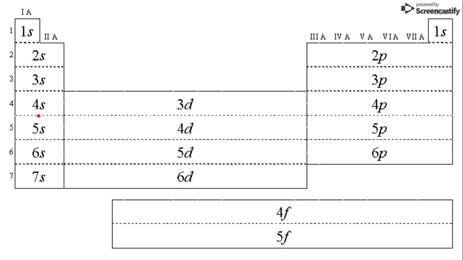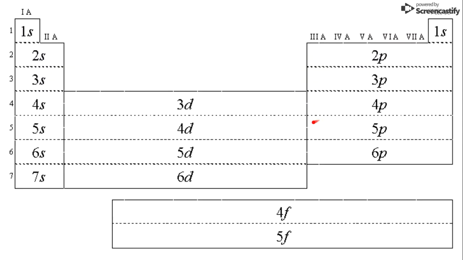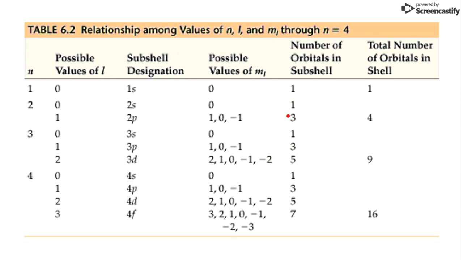In any s subshell, we can only have 1 orbital, therefore 2 electrons, and therefore 2 elements there. The p block, you can see 1, 2, 3, 4, 5, 6, 6 elements there. Again, if you look back, we can have 3 orbitals in that subshell, and that gives us a total of 6 electrons.